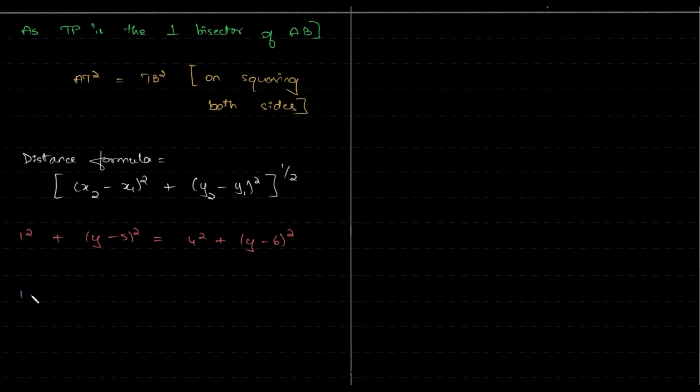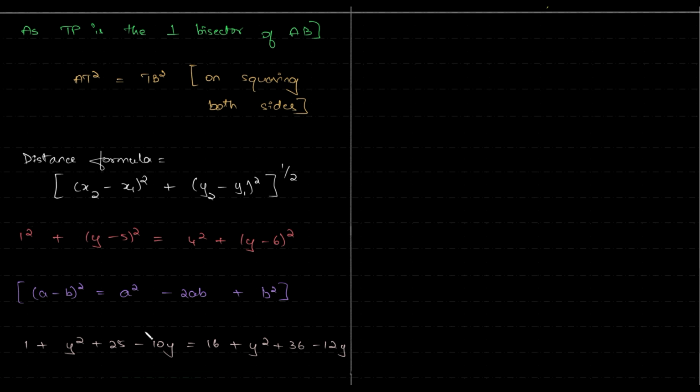And so we have 1 plus, what is the identity we are going to use? (a minus b) the whole square, which is a square minus 2ab plus b square. And so this is 1 plus y square plus 25 minus 10y is equal to 16 plus y square plus 36 minus 12y.